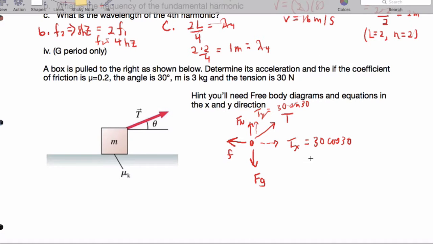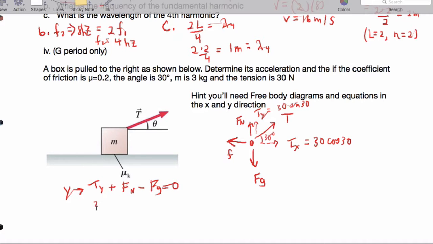All right. Now, let's go ahead and set up x and y equations. So in the y direction, we're going to say Ty plus normal minus weight equals 0.